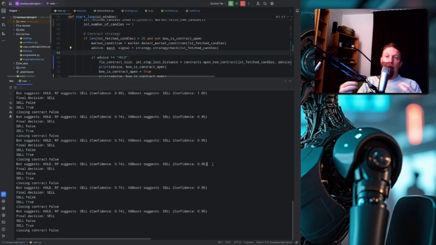moments that, if the confidence is, for example, 80 and 100, then we're going to show that we actually are going to do a sell or buy. I want to create a log to keep track of which final decision with which kinds of confidence had which kind of result.